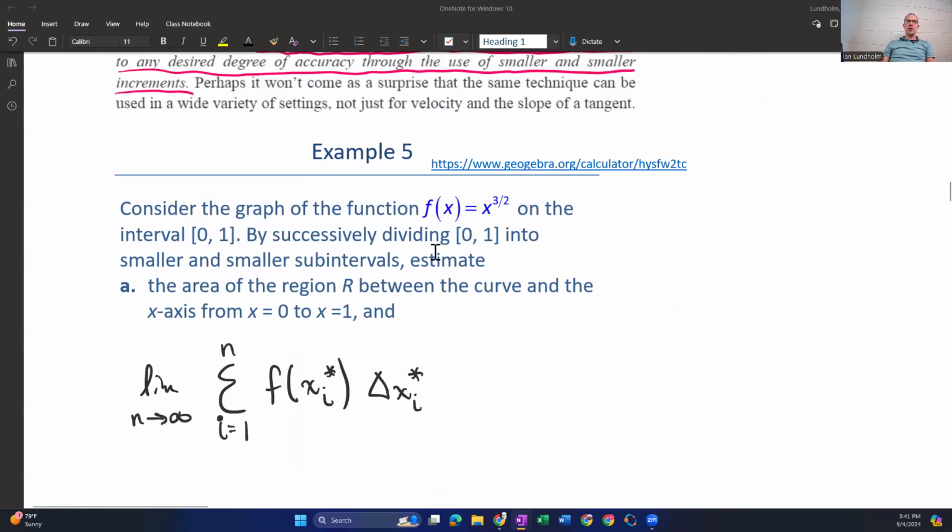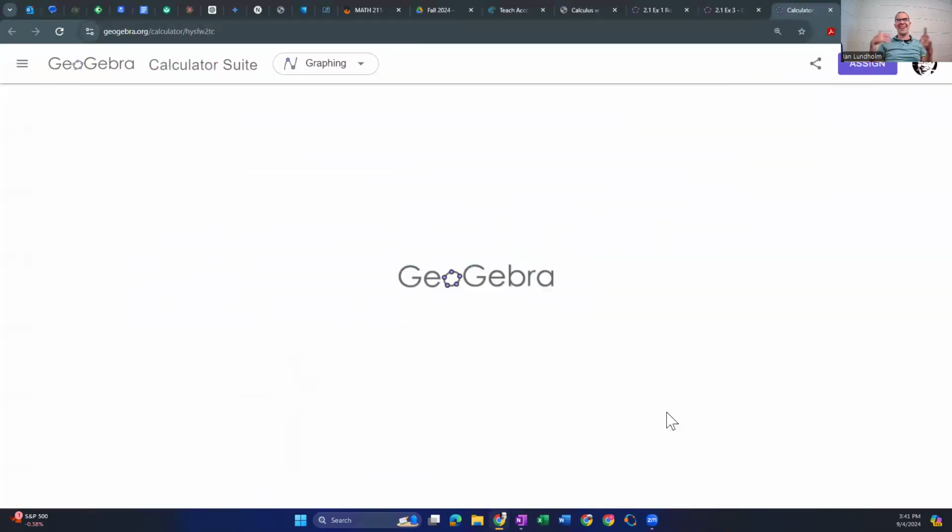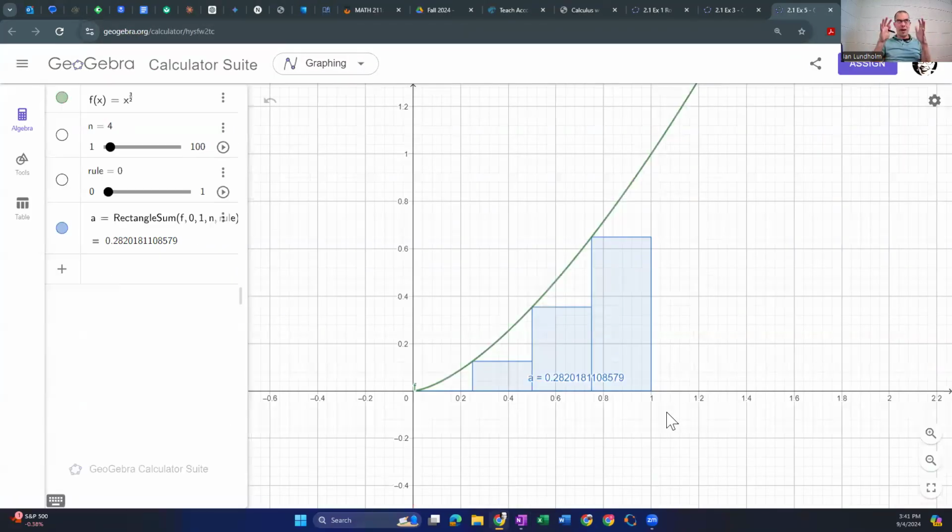We're going to divide this into smaller and smaller subintervals, making rectangles to estimate the area that's here. I will explain this after we look at the graph. Again, this is just motivation. You don't have to understand it at this point.